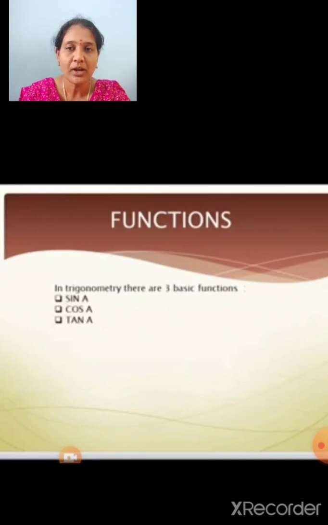The reciprocal of sin A is cosecant A. The reciprocal of cos A is secant A. The reciprocal of tan A is cot A or cotangent A. So finally, how many trigonometric ratios are there? Six trigonometric ratios are there.